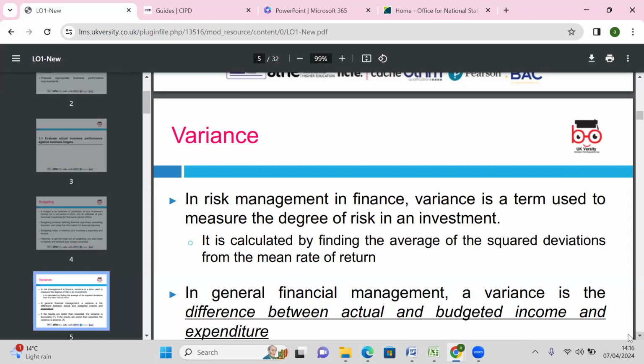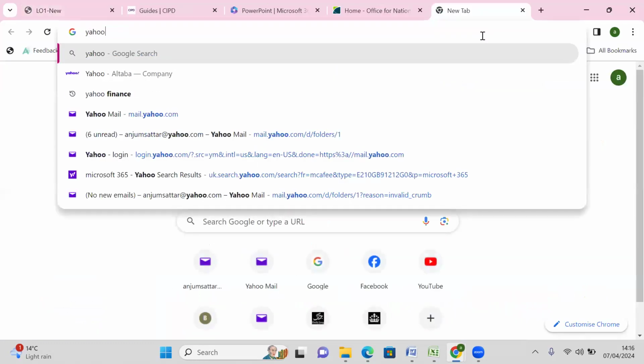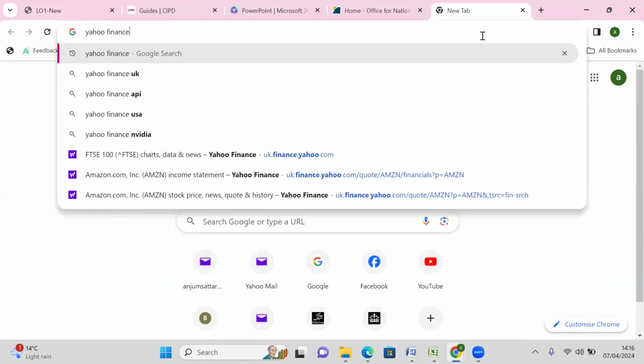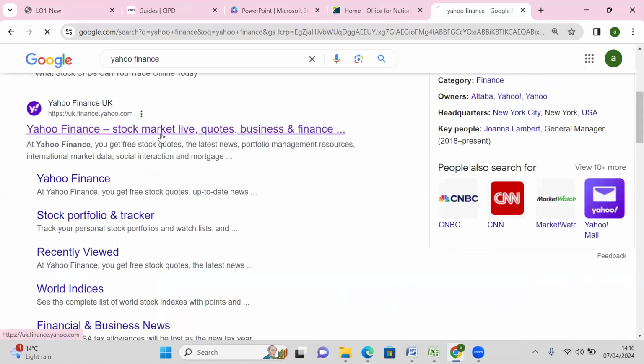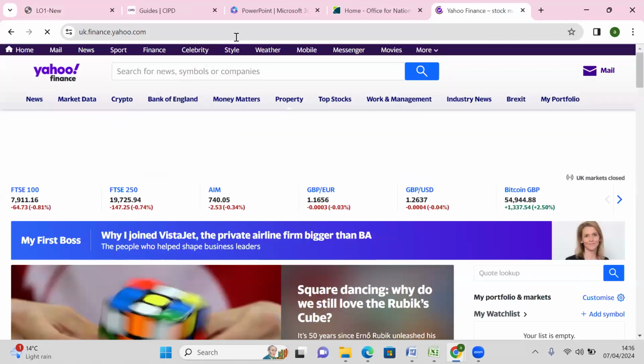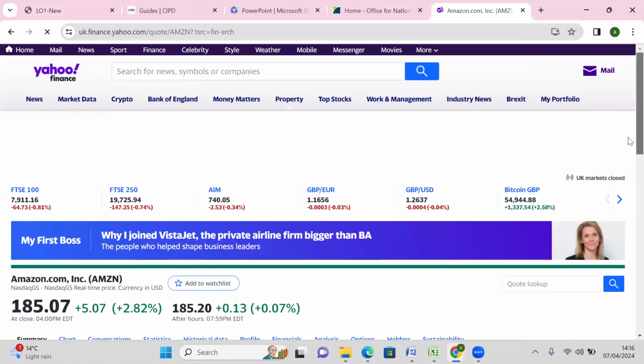So we can look at every company wherever we invest. If you go on Yahoo Finance or any other website, you can look up any company of your choice. You can look at the beta, and here we can look at Amazon, and we can look at eBay, and then you can decide which one and what risk.